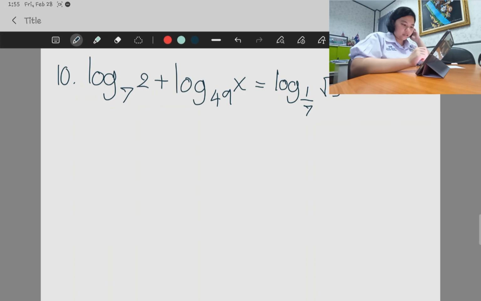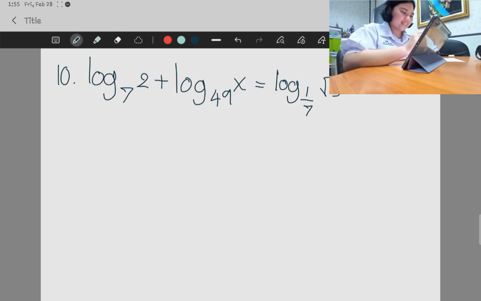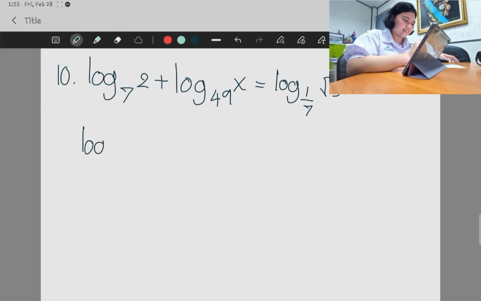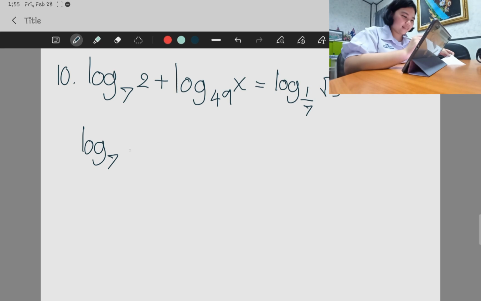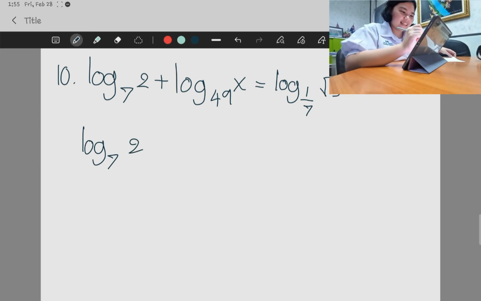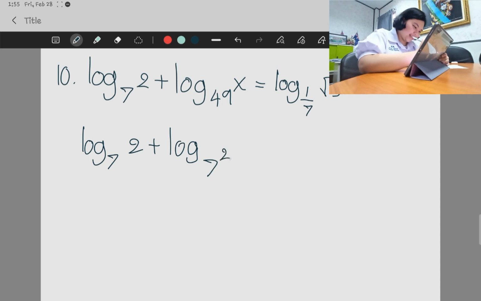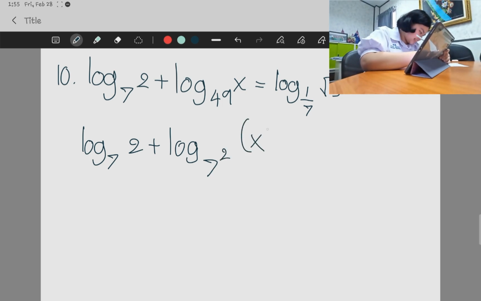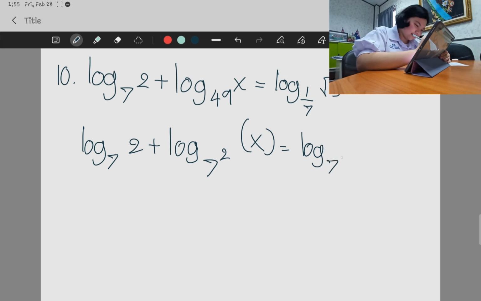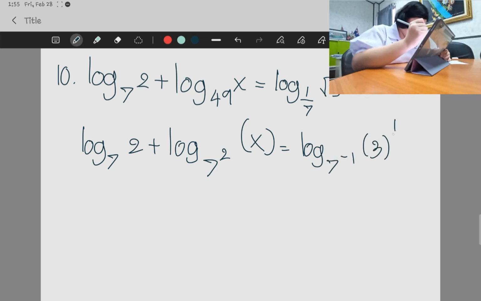The question is log base 7 of 2 plus log base 7 of 49x equals log base 7 of 1 over 7 square root of 3. And we will make it like this. Log 7 2 plus log 7 to the power of 2 times x equals log 7 negative 1 times 3 to the 1/2.